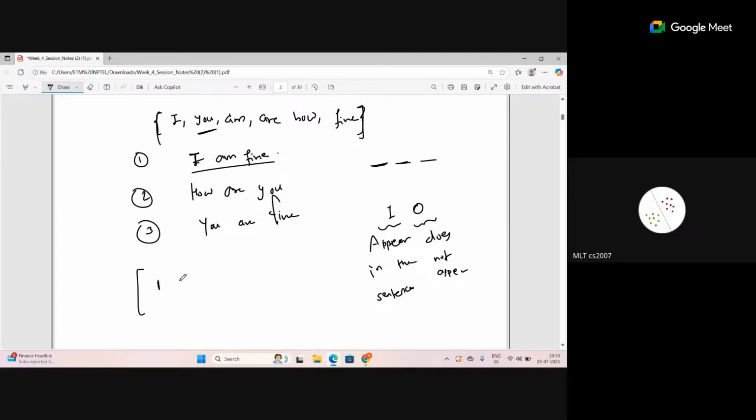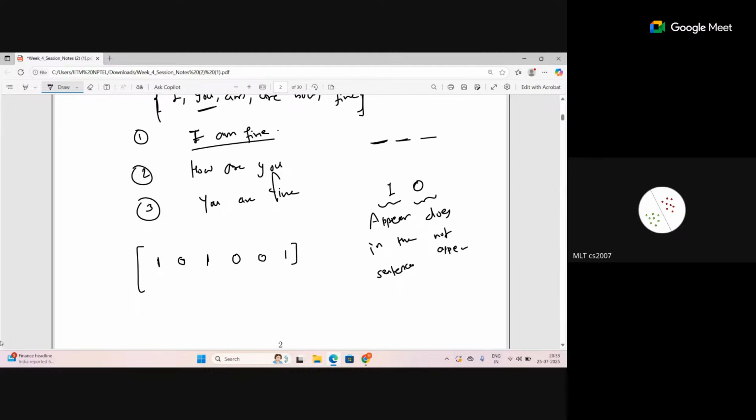Did you appear? No. Did am appear? Yes, so it is one. Did are appear? No. Did how appear? No. Did fine appear? Yes. So this is my first sentence coded into numerical values, right?